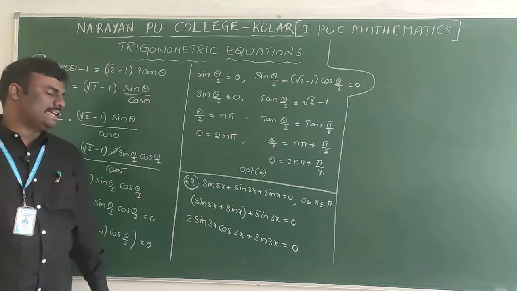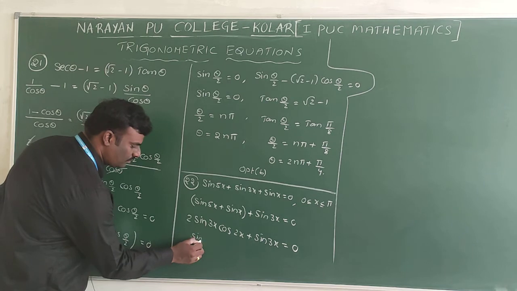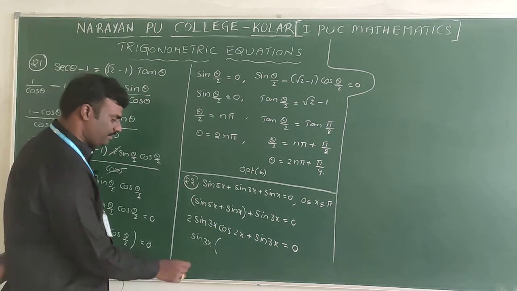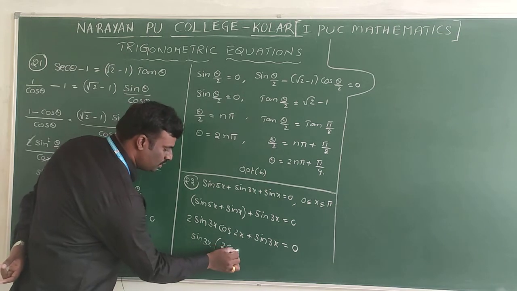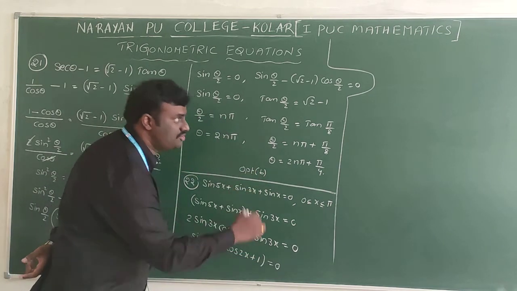Now in this I can take sin 3x common. What will you get? Sin 3x into 2 cos 2x plus 1 is equal to 0.